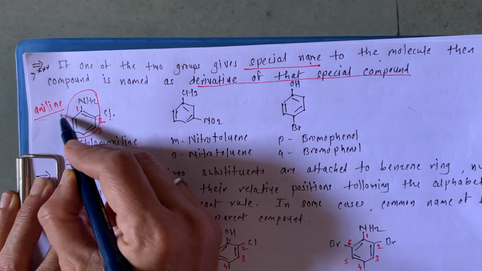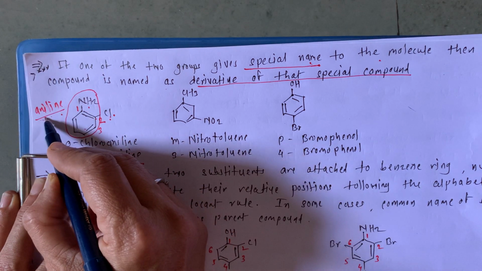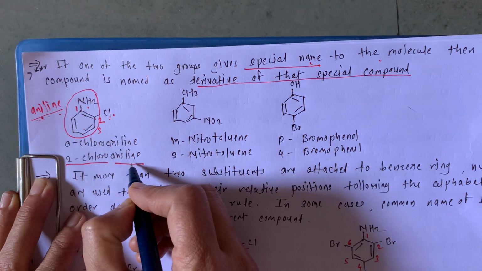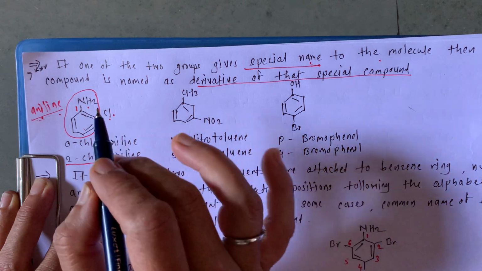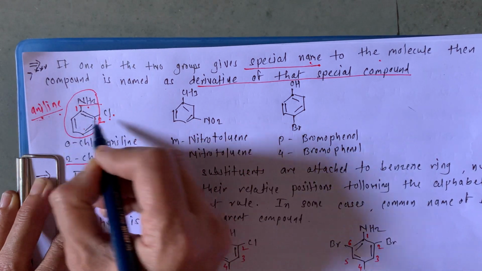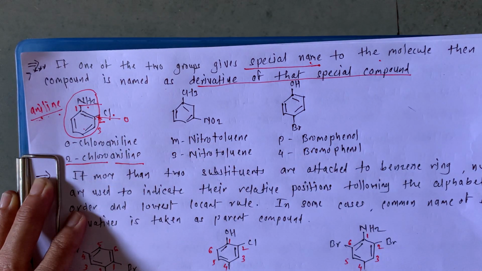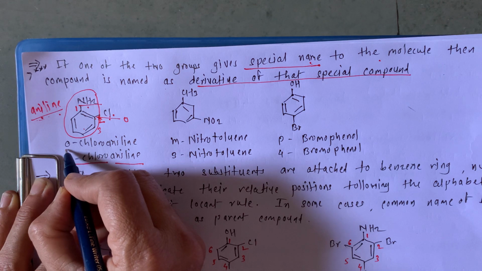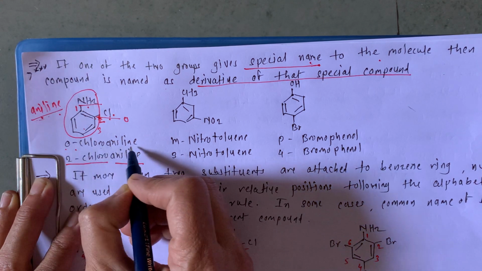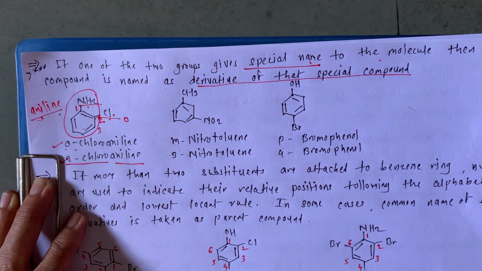Benzene ring with an amine group is known as aniline. If I write the common name, then with respect to this NH2, this carbon's position is ortho. That's why here we write o-chloroaniline. This is the common name. This is our IUPAC name.